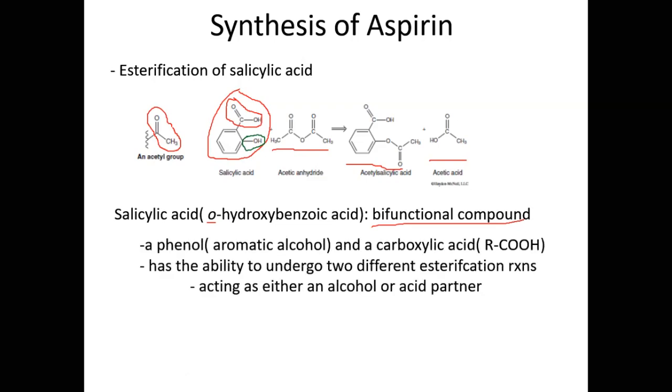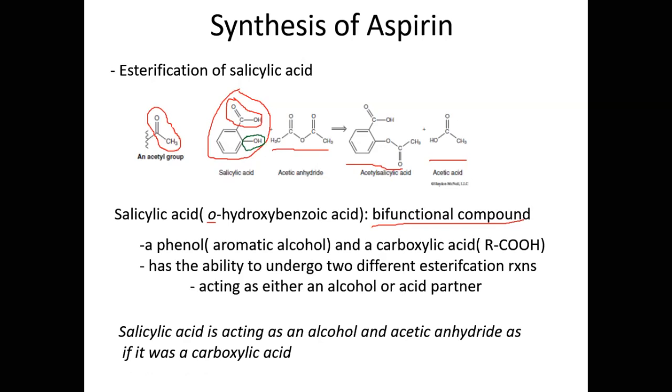And so salicylic acid by itself has the ability to undergo two different types of esterification reactions. It can act either as the alcohol or as the acid. And from this, we see that salicylic acid is acting as the alcohol, and acetic anhydride is acting as the acid.